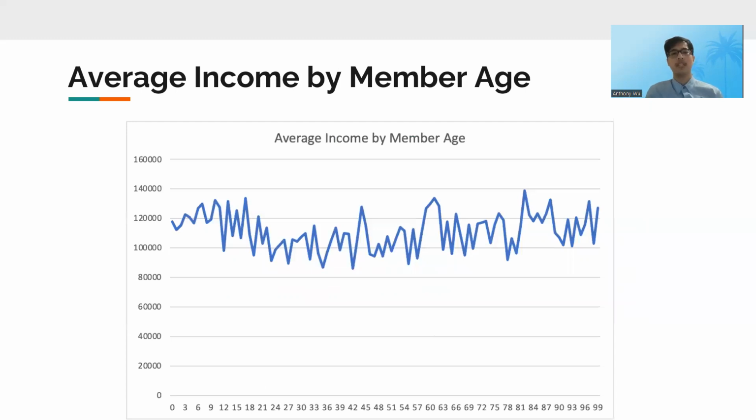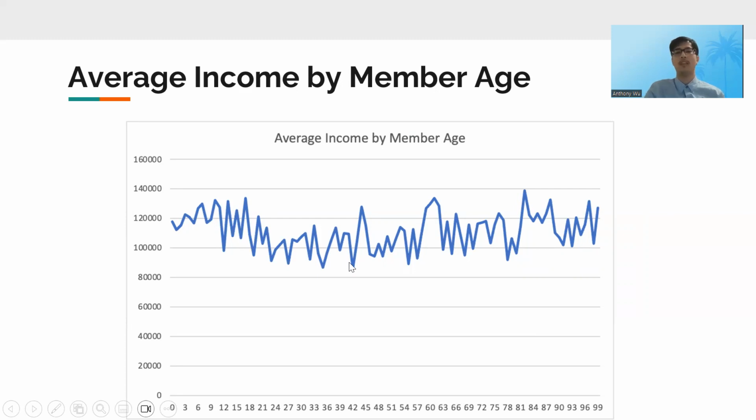Next, we have average income by member age. The data set here seems to be a bit strange, as they have ages 0 to 12 to be quite high in terms of income, which I don't know if that's just a mistake on the author's part, but I included it in this data set regardless. And as you can see, they're all about the same with jumps up and down between ages.